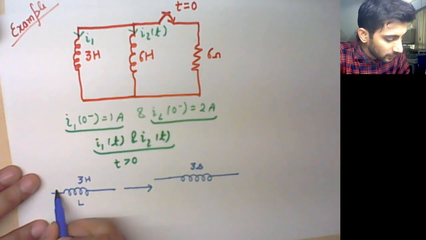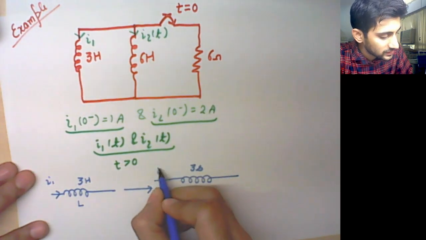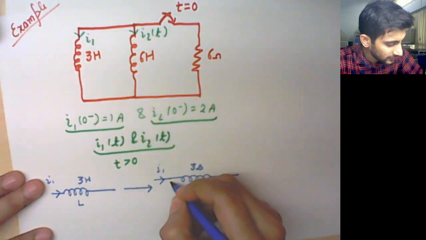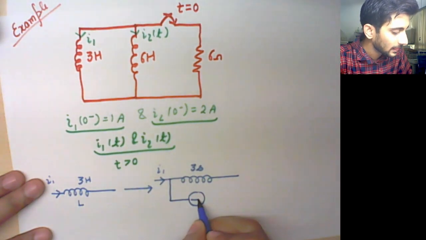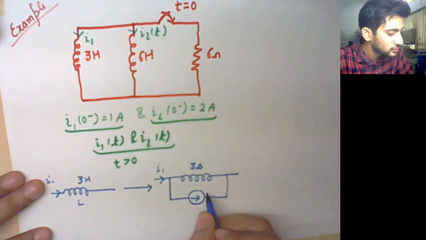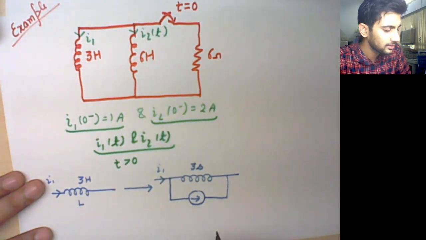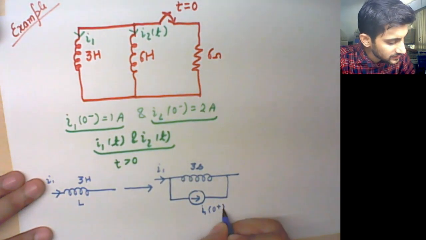And if the current is flowing like this, which was I1, the current will now divide in a branch, and the source which you are now drawing should be equal to I1(0+) by S.